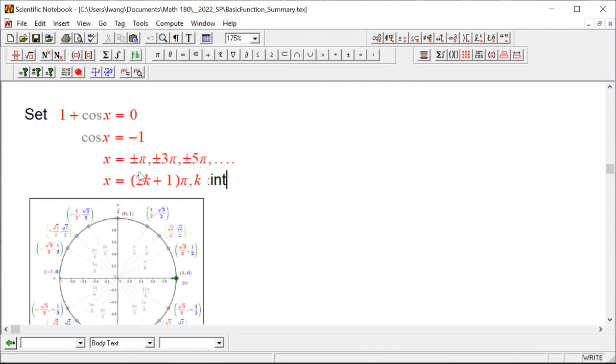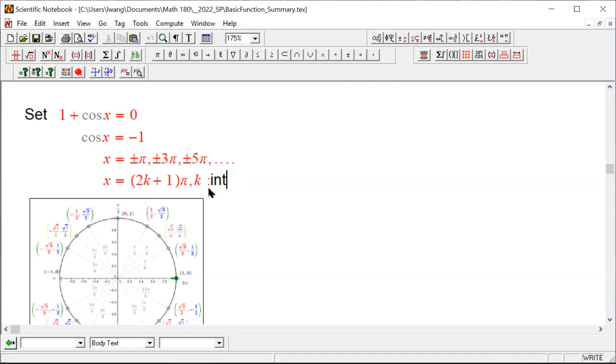Could it be 0? It cannot be 0, right? You see, it doesn't include 0. Cosine 0 is a positive 1. So it's odd number multiples of pi. Will this ever be 0? No, it will not be, if k equals 1, k equals negative 1.